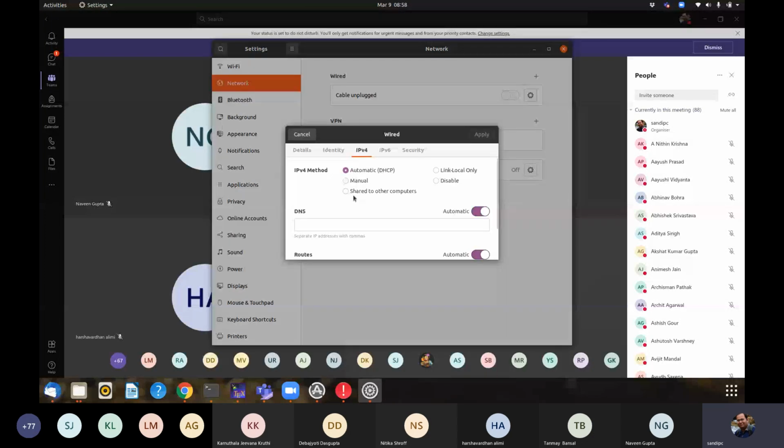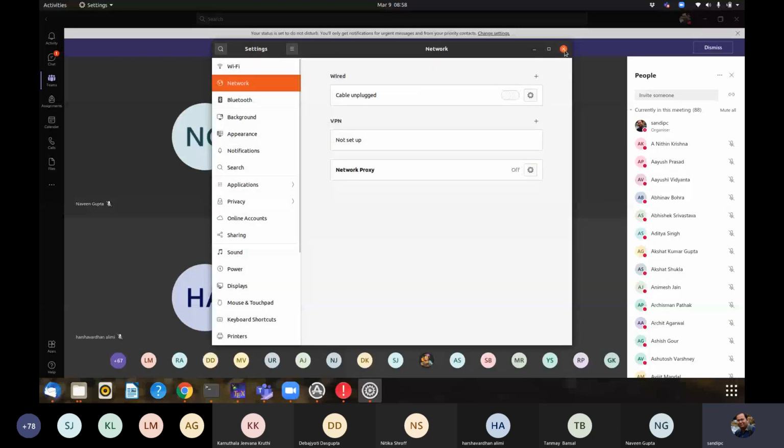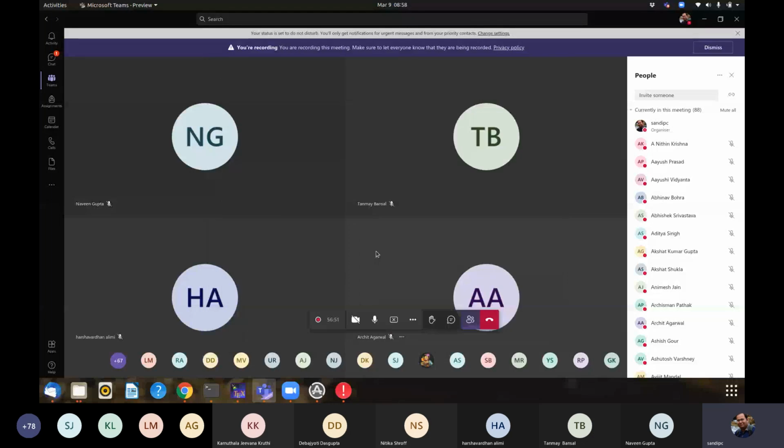Currently it is set to automatic, or DHCP. You can use Dynamic Host Configuration Protocol, or you can choose the manual option, and here there is an option to put your IP address, the net mask, the gateway, and DNS. That information configures your network interface card, so the IP address is finally connected with the network interface card that you have.